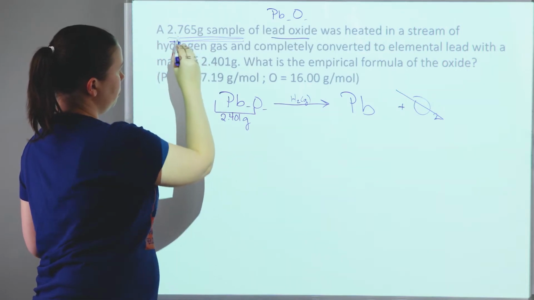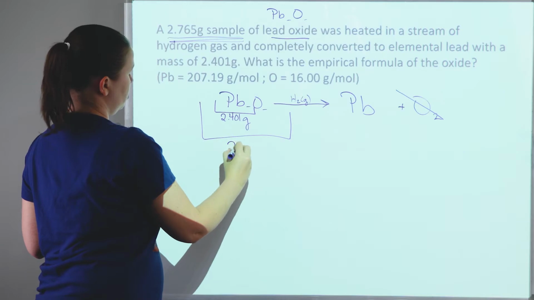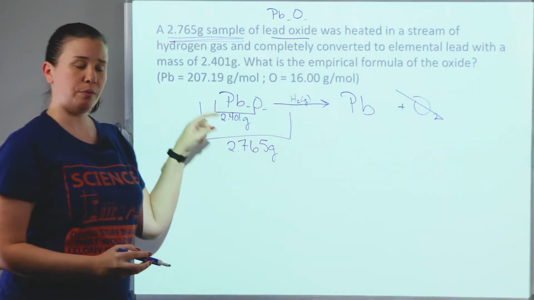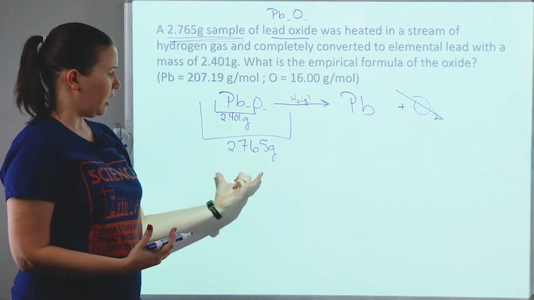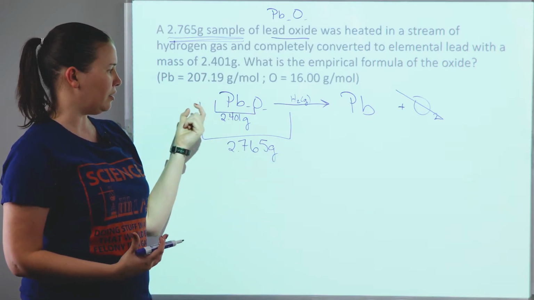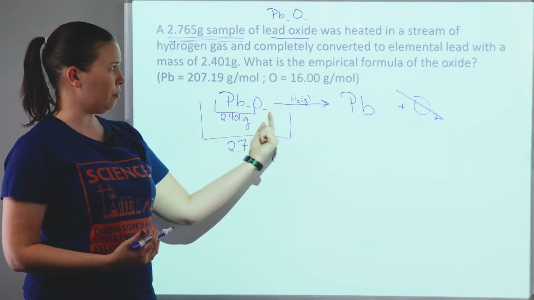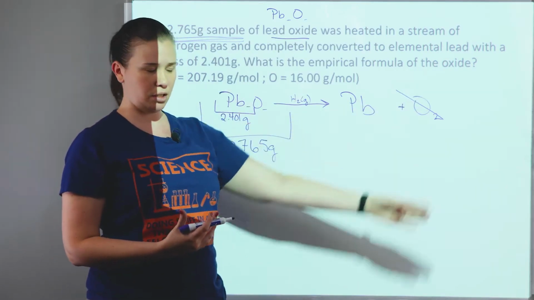And it also told me the sample of the entire compound was 2.765 grams. So, using the law of conservation of mass, if the entire compound had 2.765 grams and the lead alone had 2.401 grams, then whatever other mass is missing must be the oxygen that we ended up with in the product.